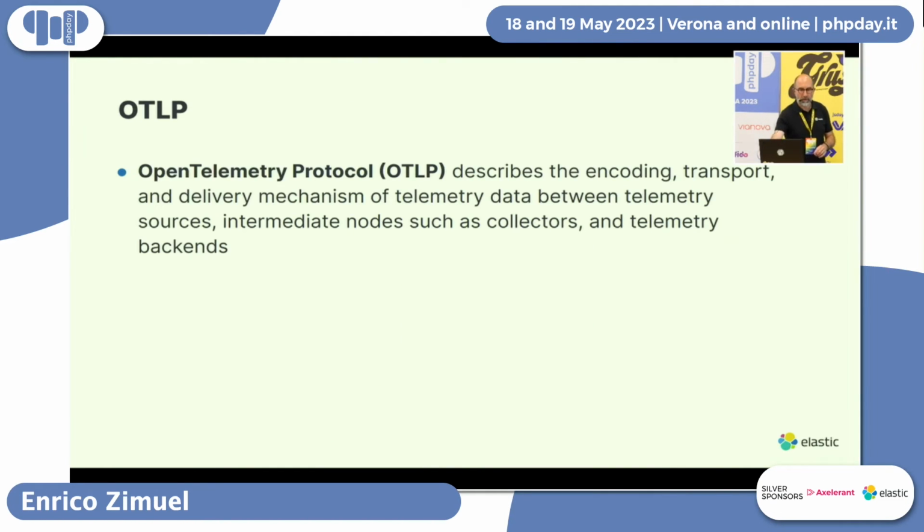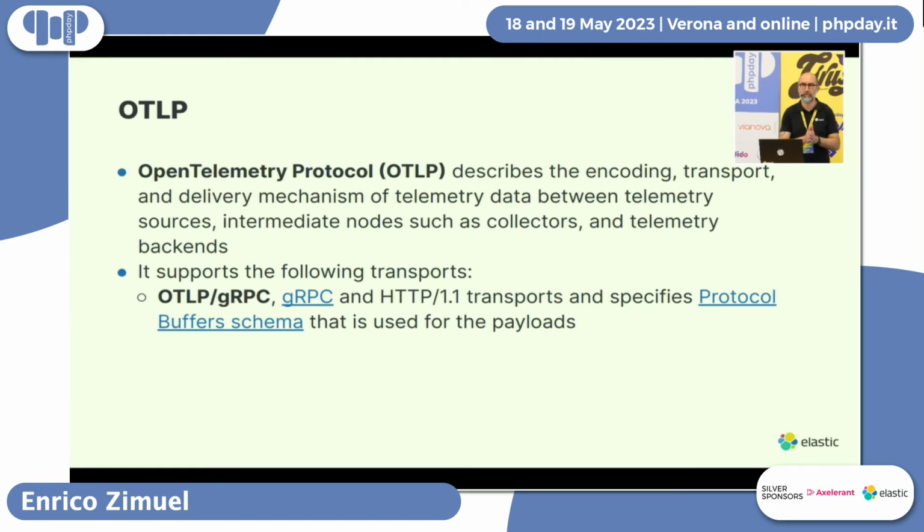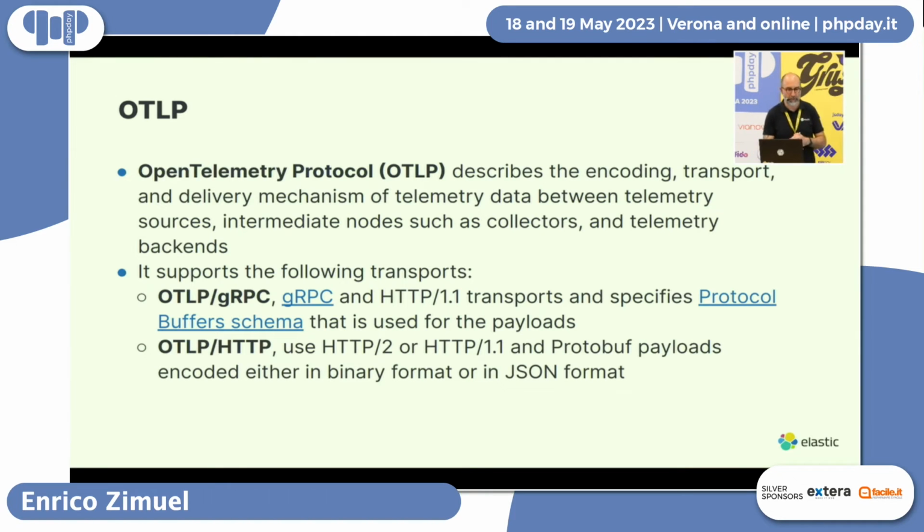Okay. I mentioned earlier the protocol, the OpenTelemetry protocol, OTLP. It's basically a protocol that explains how to pass this information across your architecture. For instance, from application to the collector to a backend system. You have two options here. You can use gRPC or HTTP.